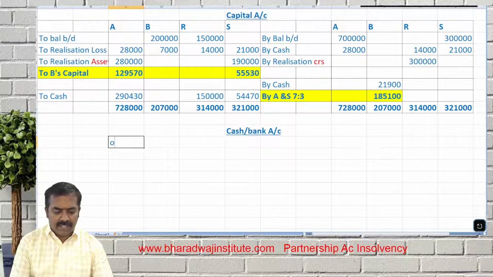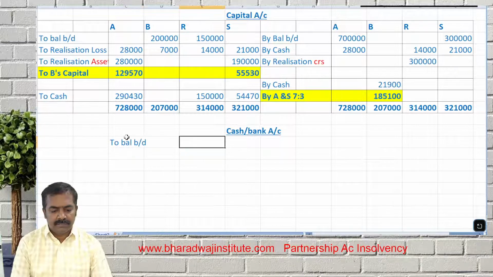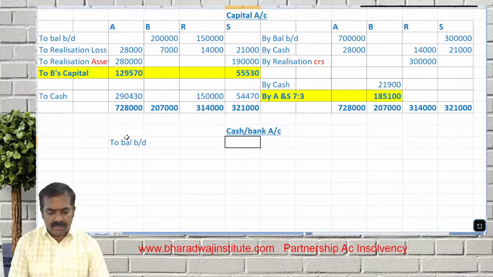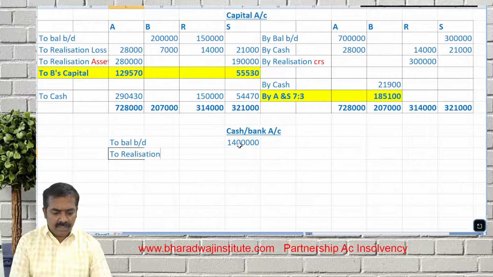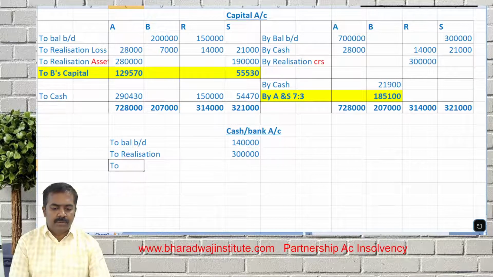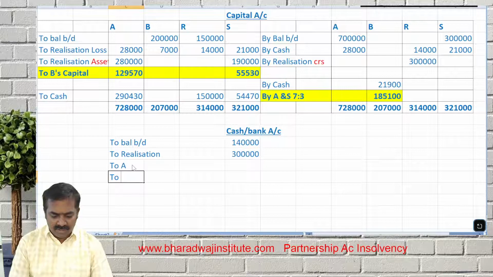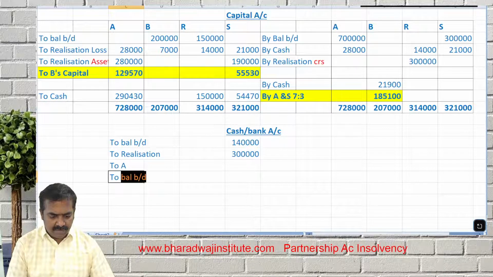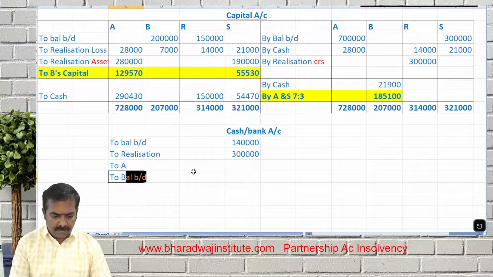Cash or bank account, tell me the balance brought down. 1 lakh. Then to realization and the sundry assets realized. Then to A to. Everyone is bringing in, B. What is the amount?